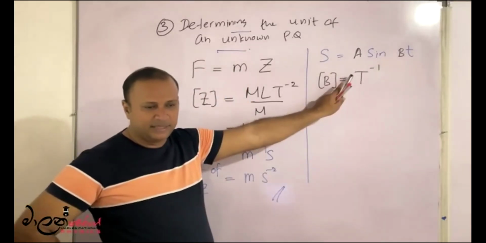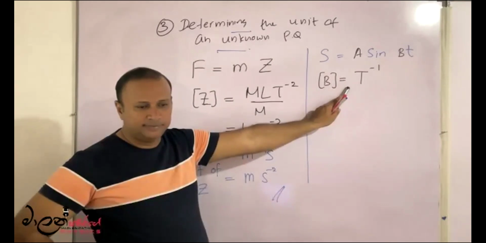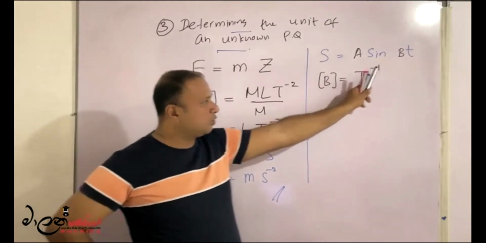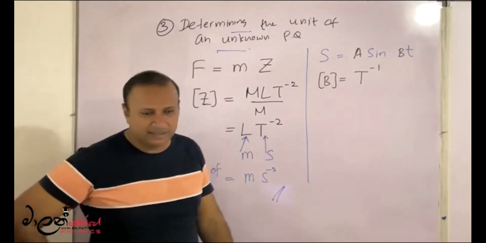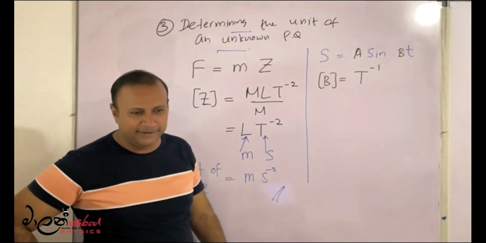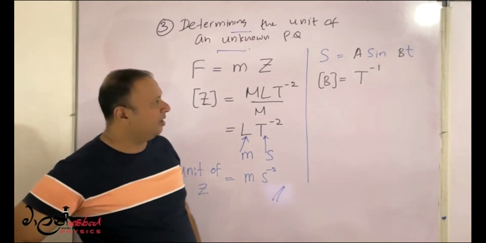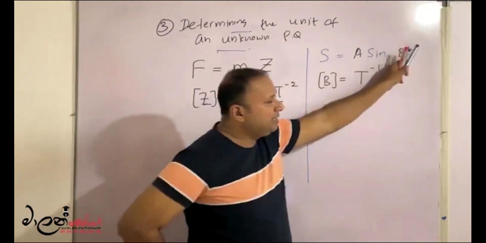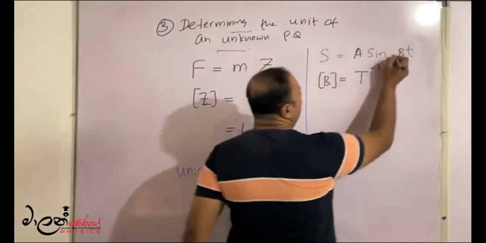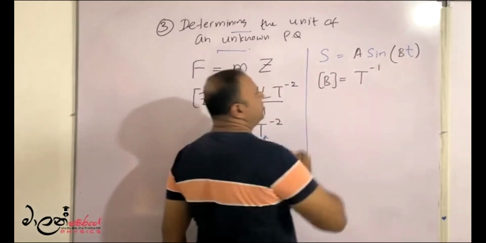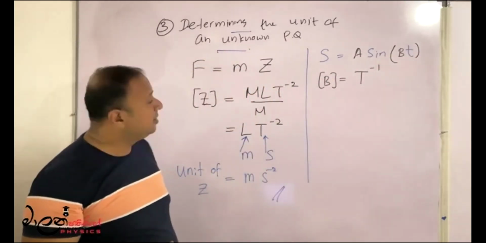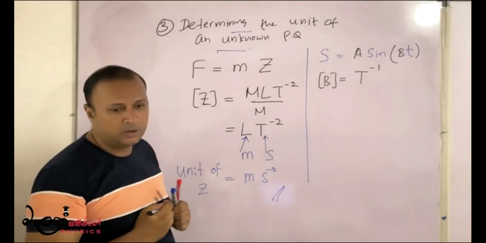Is that clear? Yes, because Bt is an angle, therefore its dimension should be equal to 1. So the dimension of B should be T minus 1.